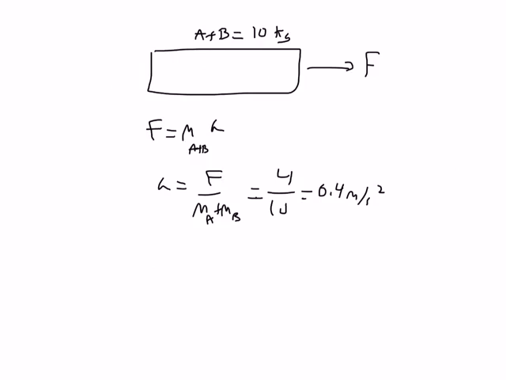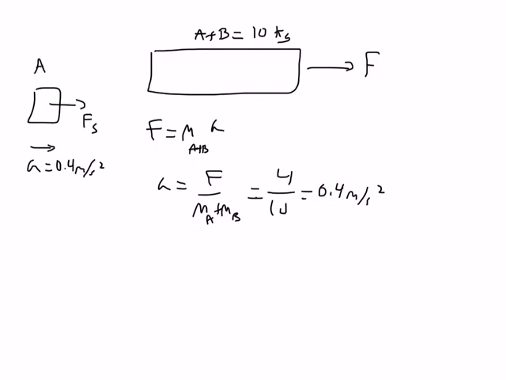And that must be the acceleration that both blocks have, because they move together. And now we can think about block B, or equivalently block A, but block A is the easier one. Block A by itself has that acceleration, and the only force that causes it to accelerate is the spring force.